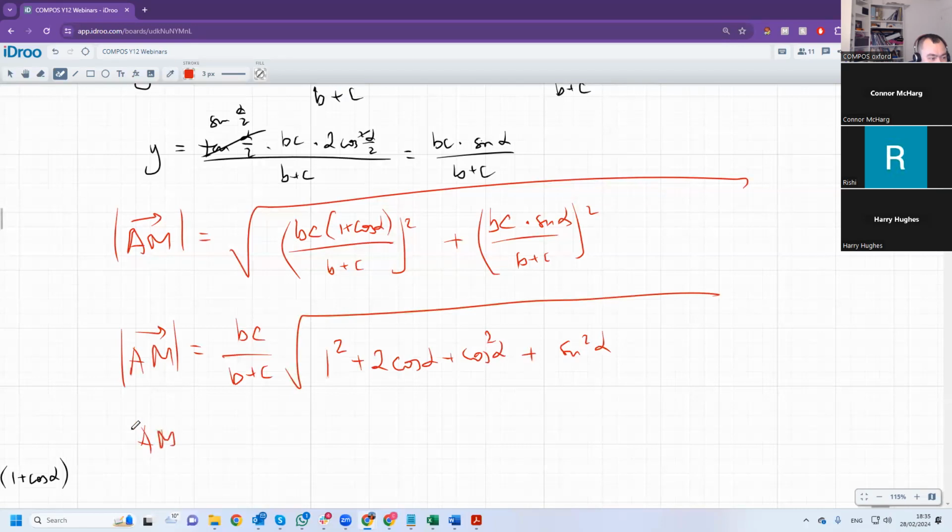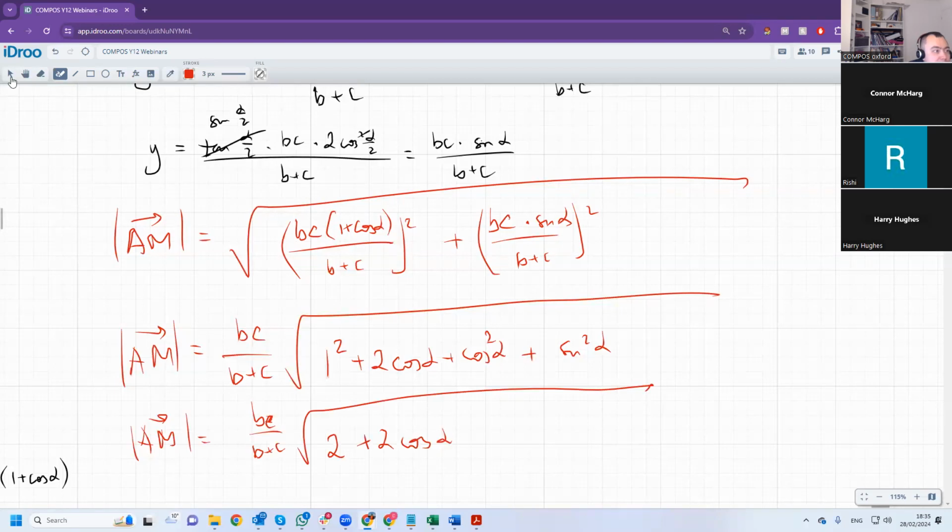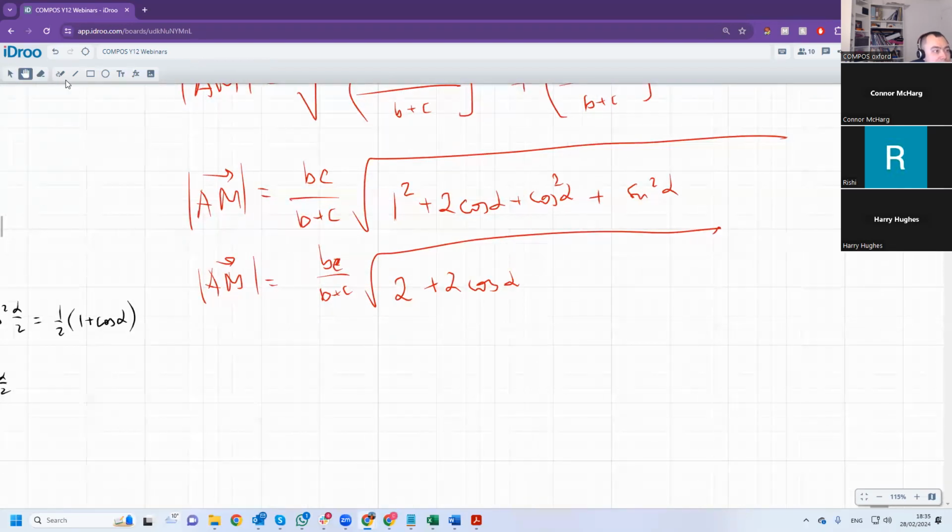So AM is equal to bc over b plus c square root. So that is 2 plus 2 cos alpha. So yeah, we have the length of AM is equal to the square root of 2 bc divided by b plus c, square root of 1 plus cos alpha.